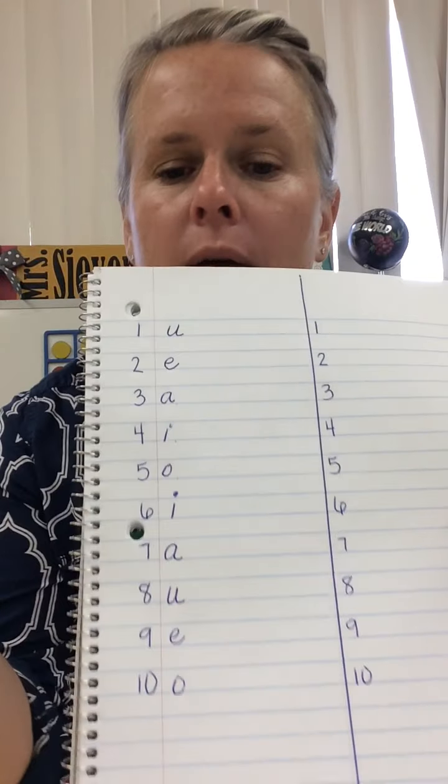Number 3 is A. 4 is I. 5 is O. 6 is I. 7 is A. 8 is U. 9 is E. And 10 is O. So here it is right here, so you can double check on yours.